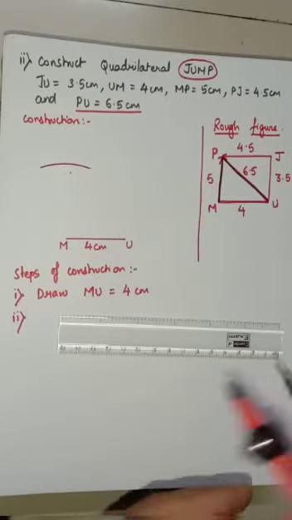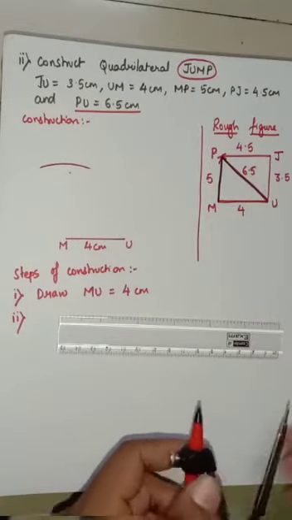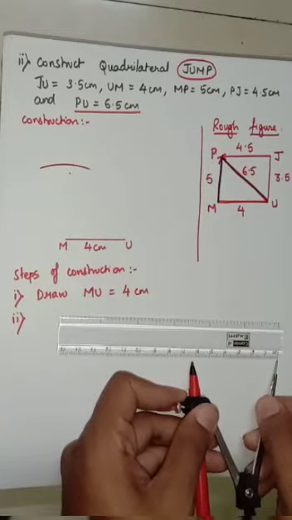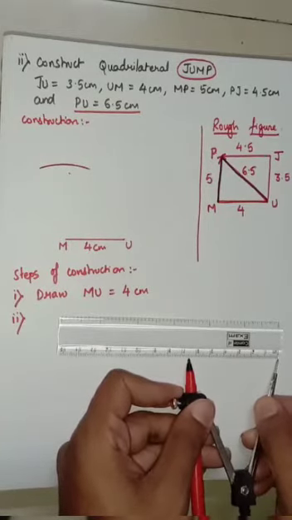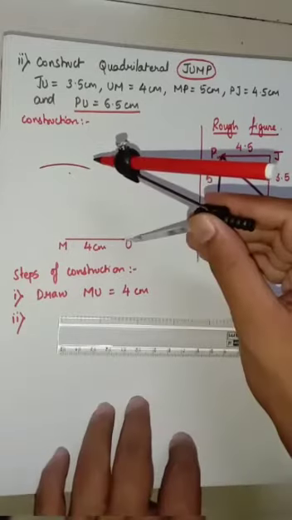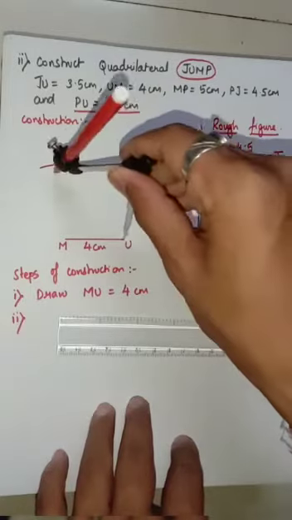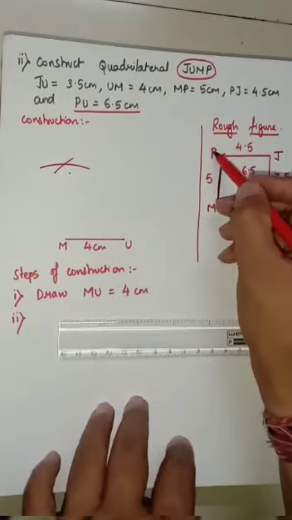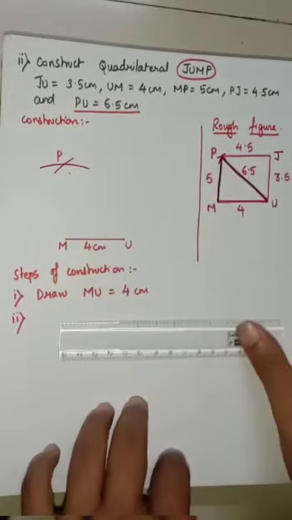And from U we have to draw an arc of 6.5 intersecting the previous arc, and this point will be P. Clear?